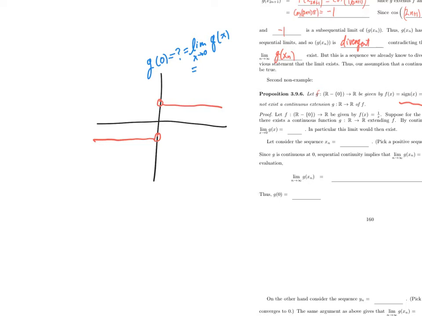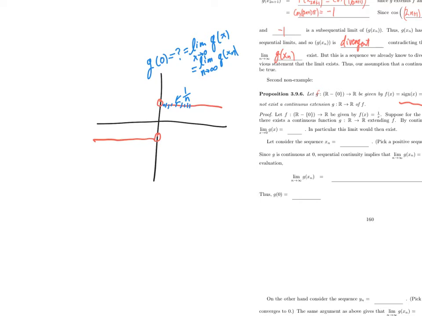But by this reformulation in terms of sequential continuity, this will be the same thing as the limit as n goes to infinity of g of x sub n, where x sub n is some sequence of inputs. So, let's see, here's a sequence of inputs: 1 over n, which gets close to 0. And by just looking at this graph, I know what the limit as n goes to infinity of g of x sub n should be.